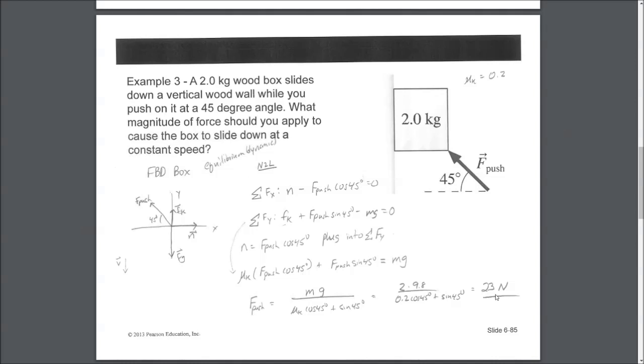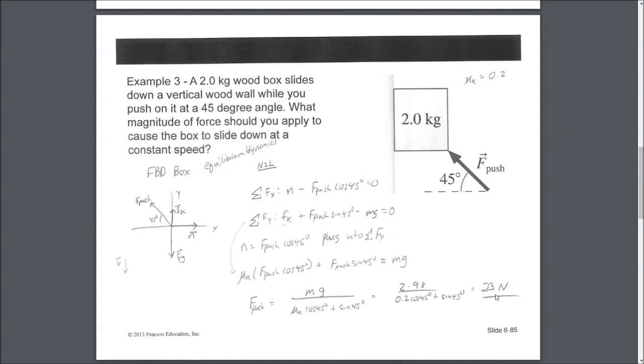Now, do realize there is one thing kind of missing here. This assumes that we have already overcome static friction. So what probably will happen here is that I won't push the box too much right now. You can actually work this out for a 23 Newton force, you can switch everything to the static friction, and you can ask yourself, well, is 23 Newtons enough to even get it to move?